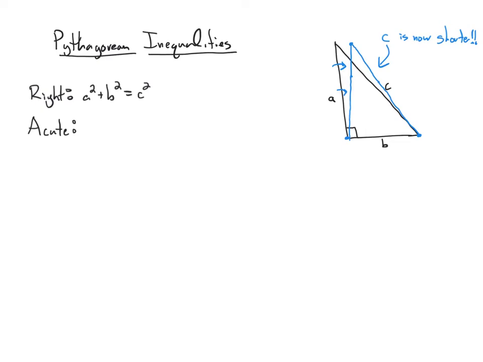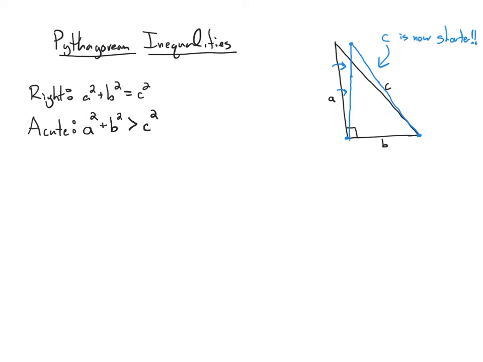So how does that play out in the Pythagorean theorem? Well, we're not going to prove it directly, but hopefully this intuition helps you figure out what's going on. If C gets shorter, then A squared plus B squared is going to be bigger than C squared.